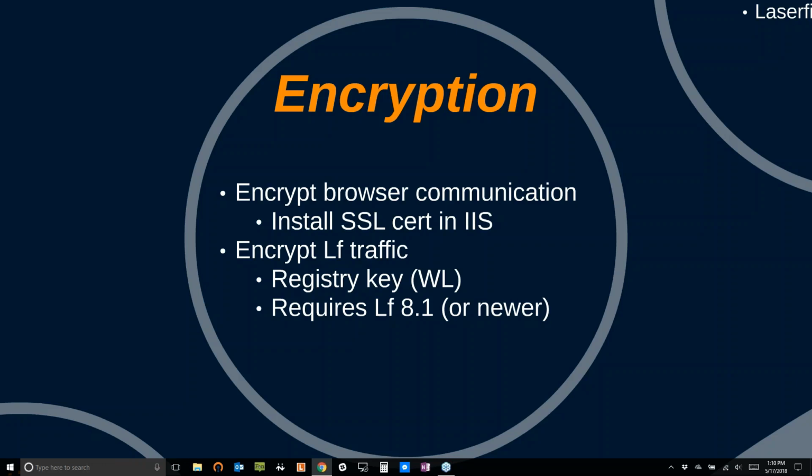Now more details of these specifics of how to set up WebLink and how to secure it are available in the WebLink configuration guide, which is listed in the slides that we're going to publish for this presentation. So if you wanted to look more specifically at exactly the specifications and the step-by-steps, we'll have those there as well.